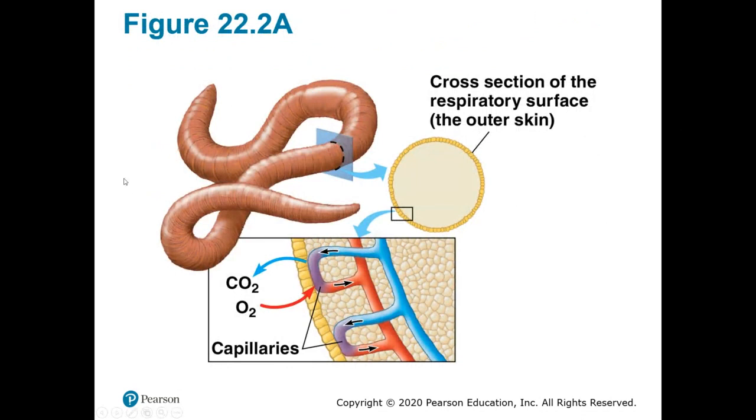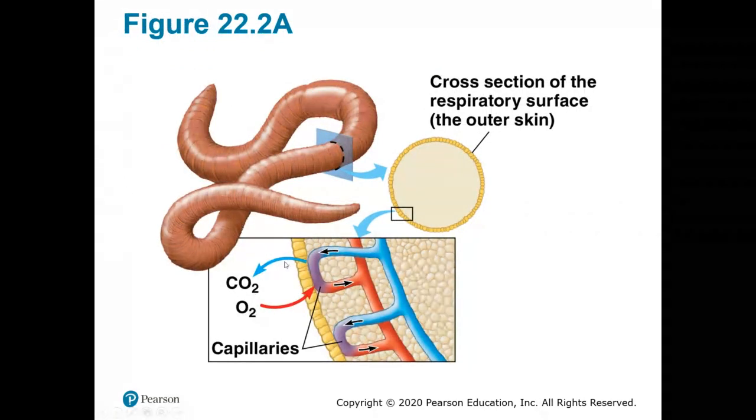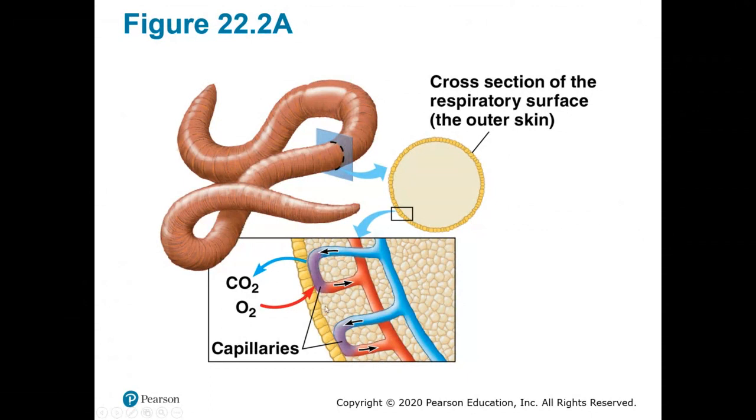All right, so here's an earthworm, and again, we're going to see the exchange of gases here. Our capillaries are near the surface of the skin, and that is going to allow for gas exchange to occur. Again, things tend to diffuse pretty easily if you have a moist contact with the outside air. So oxygen, we're going to get into partial pressures later and how that works.